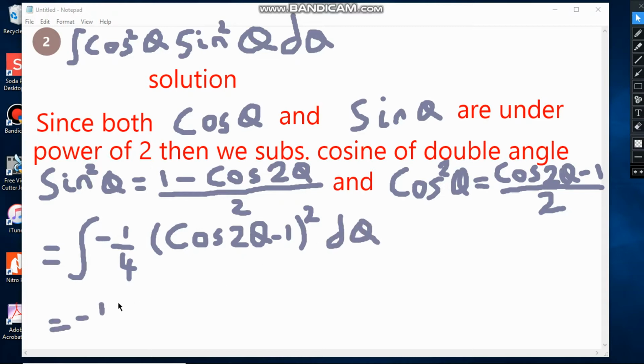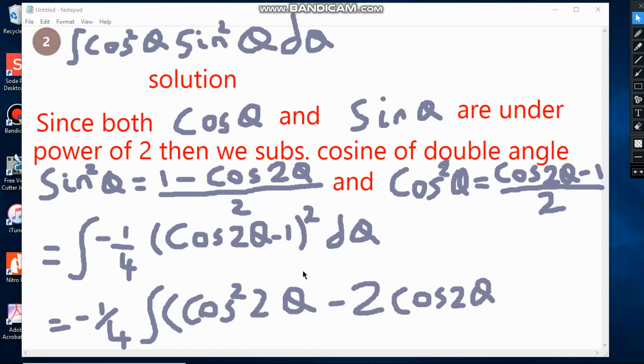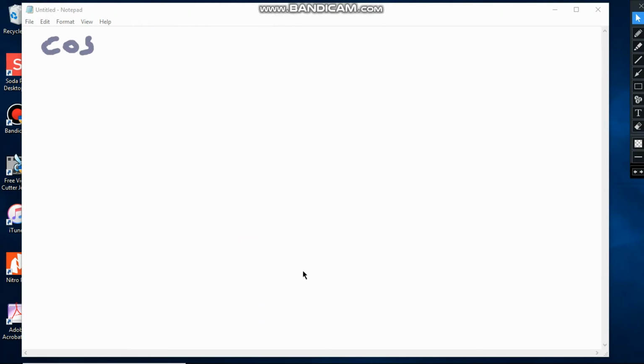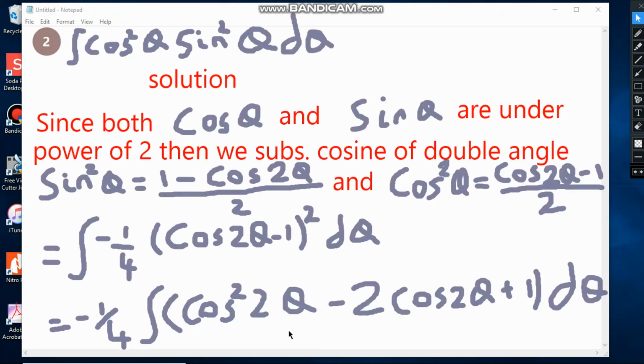So when I expand this one, negative 1 over 4, I take it out of the integral because it is a constant. So I remain with cos square of 2 theta minus 2 cos 2 theta plus 1 d theta. So what is important? We must know the double angle for cos square of 2 theta.